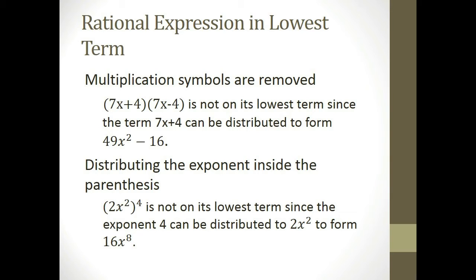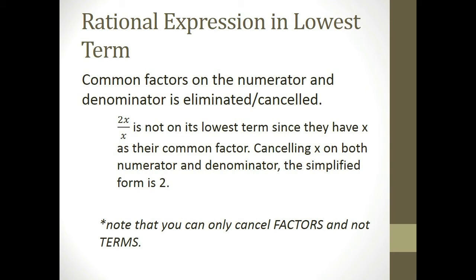Number 4. Distributing the exponent inside the parentheses. Quantity 2x squared raised to the fourth power is not in its lowest term since the exponent 4 can be distributed to 2x squared, thus forming 16x to the eighth. 5.